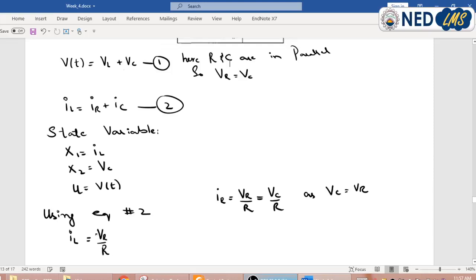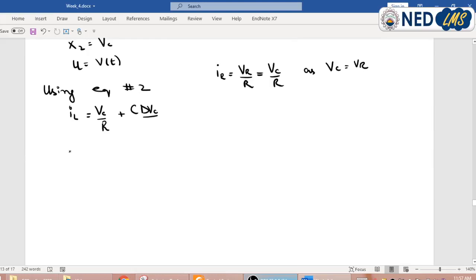So I can write this term as VC over R. This is my state variable. Second is IC can be written as C dVC. This dVC is basically x2 dash, so I can evaluate x2 dash here.